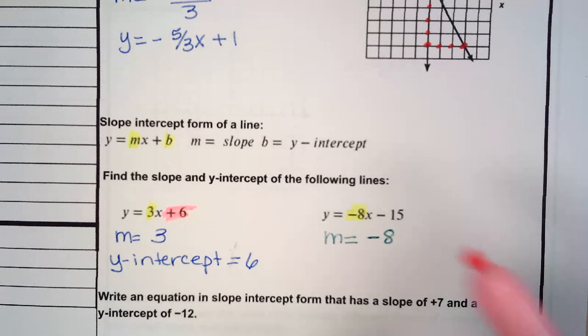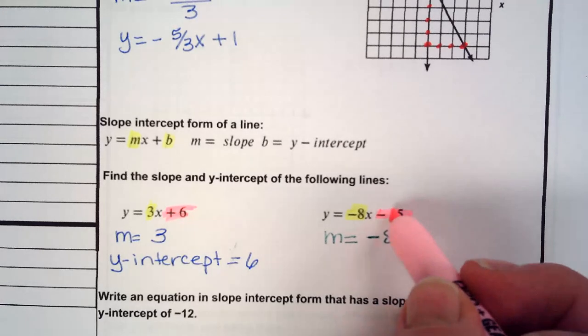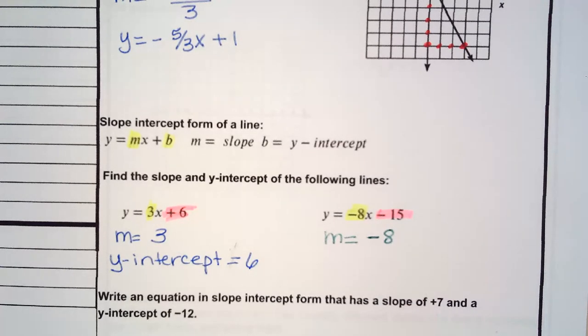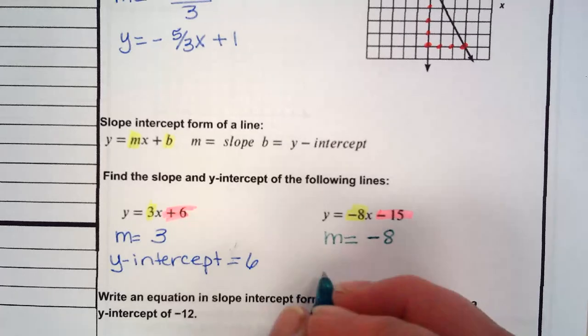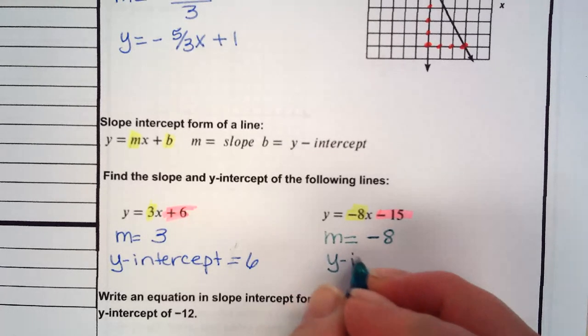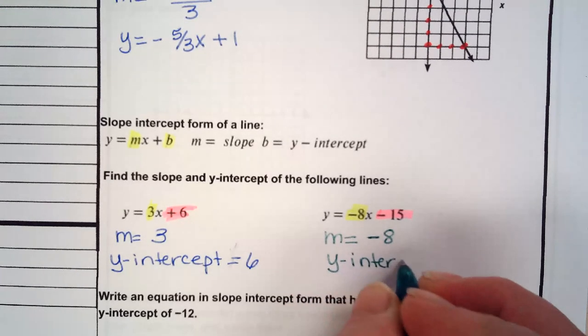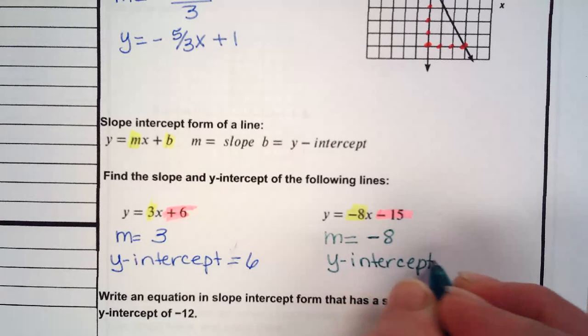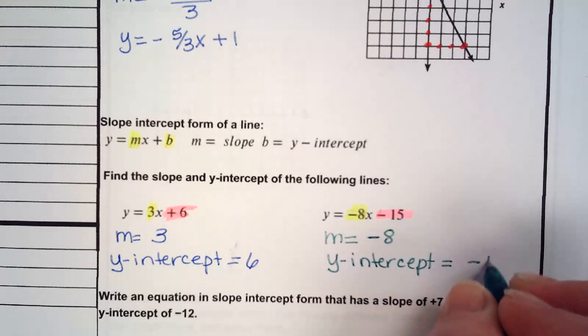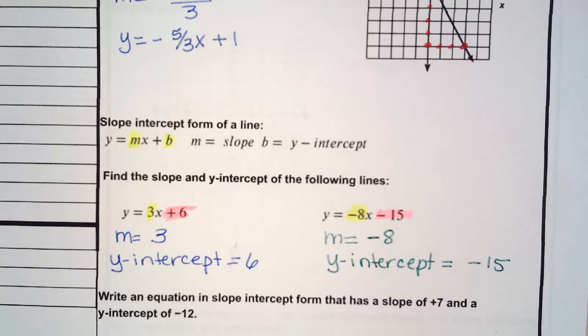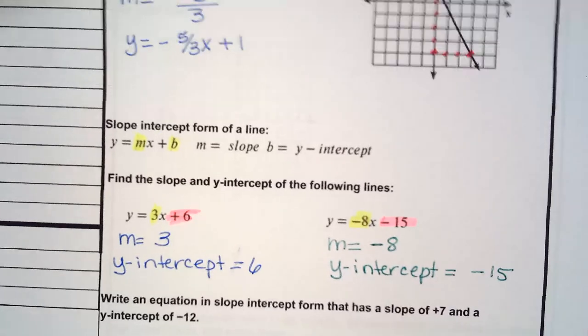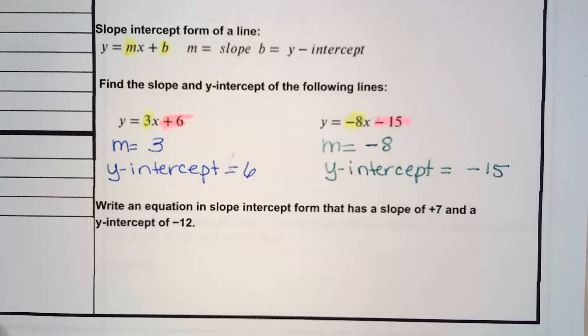And in this case, it's minus 15, which means your y-intercept is negative 15. So that's how you identify it from the equation.